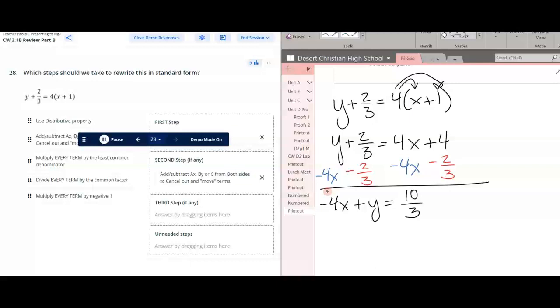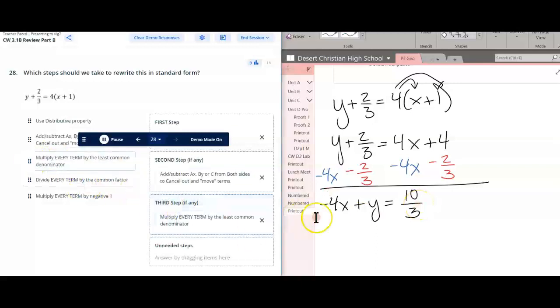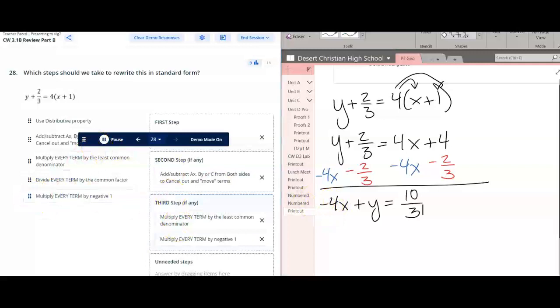Yes, 10 thirds. Now I have 2 problems remaining. I have a fraction, so I need to clear out that fraction and multiply everything by my denominator of 3. I also have a problem with a negative term at the front. So I'm going to multiply everything times -3.